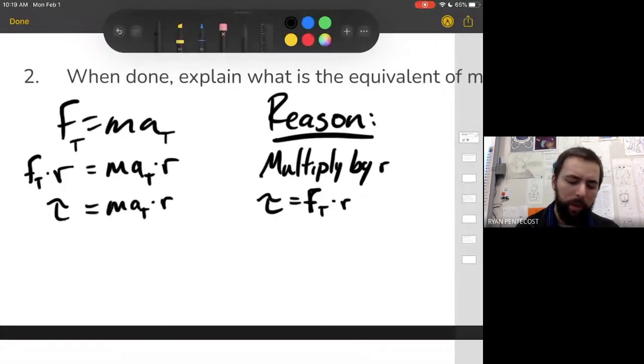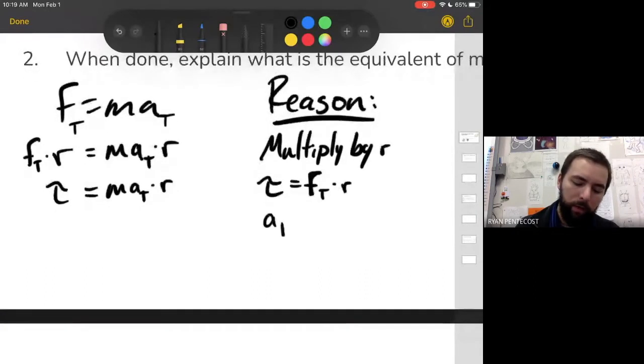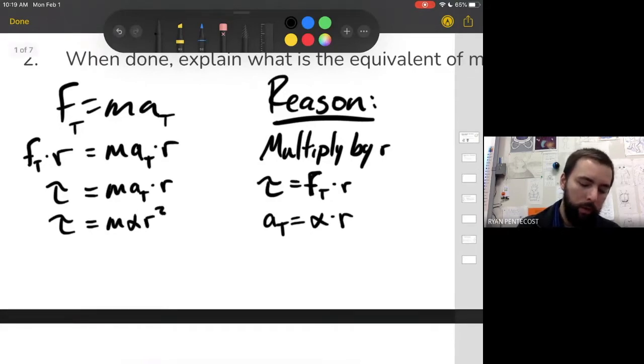Now we've kind of run out of things to simplify, so we will take a_t and throw in some more variables. Acceleration is alpha times r, so now we will actually say this is alpha times r squared.